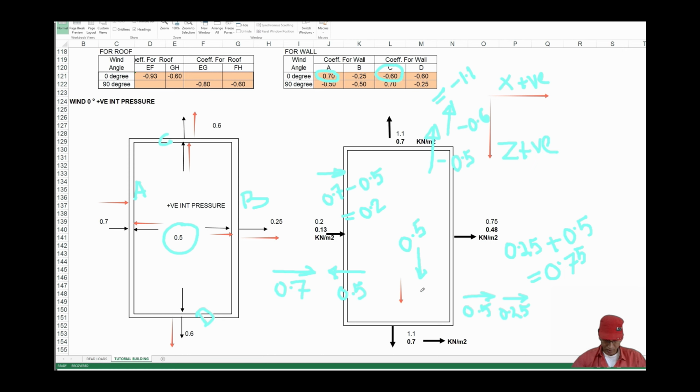Then we have 0.6 also in positive z direction. So our net pressure coefficient is 1.1. Now multiplying this net pressure coefficient with the design wind pressure, we get the actual pressure this wall will be subjected to.